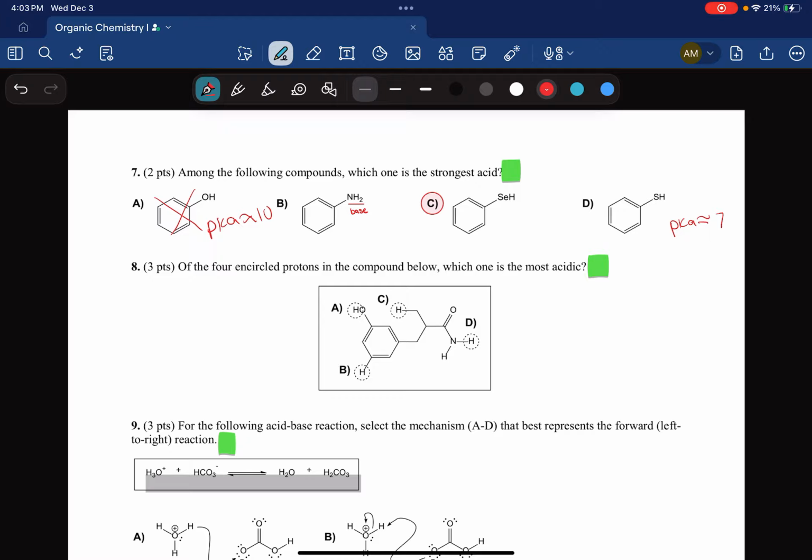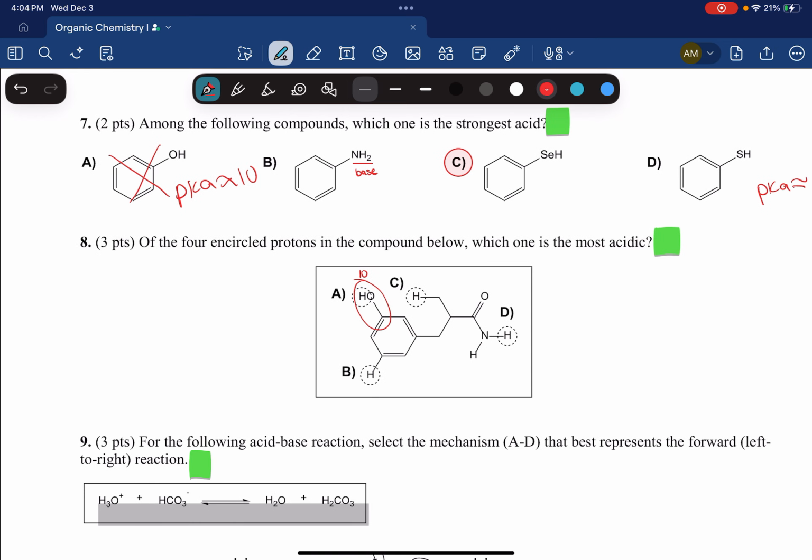Okay, so now we're looking at this again of the encircled protons, which one is the most acidic. Cool, we've got another OH, so we know the pKa is about 10. I hope you guys have a pKa chart next to you, because I don't want to keep flipping back and forth, so I'm just going to use the one that's next to me.